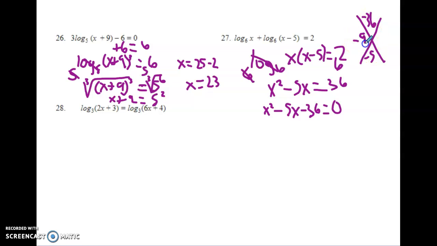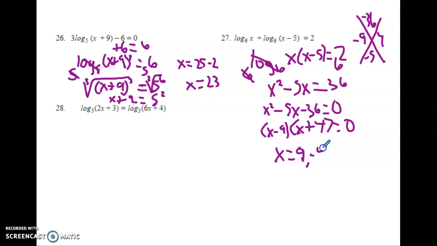I know that a negative 9 and a positive 4 multiplied would give me negative 36, added would give me negative 5. So I have x minus 9 as my one factor, and x plus 4 as my other factor, which then makes the solutions x equals 9 and negative 4.